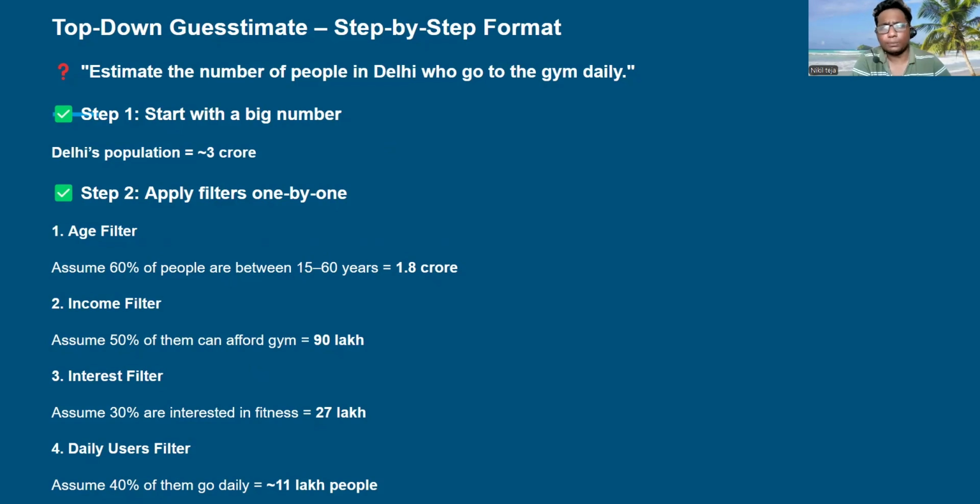So these 27 lakh people will not go to the gym daily, right? Only some percent of these 27 lakhs will go daily. Let's assume 40% of the 27 lakhs go to the gym daily.